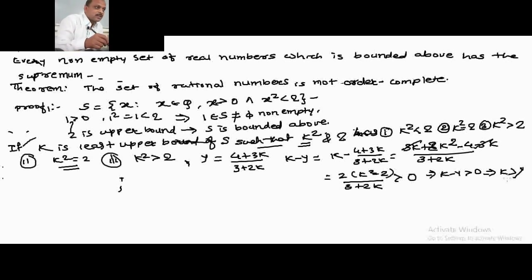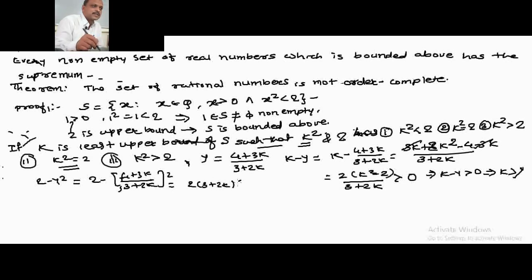And second, 2 minus y square equals 2 minus ((4 plus 3k) divided by (3 plus 2k)) whole square, which equals 2 into (3 plus 2k) whole square minus (4 plus 3k) whole square, divided by (3 plus 2k) whole square.